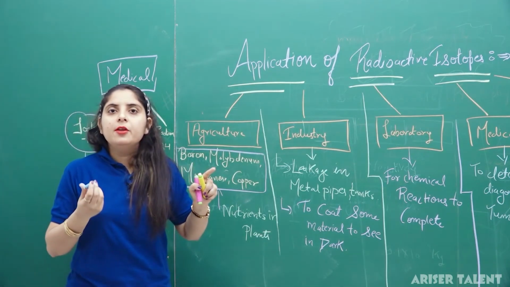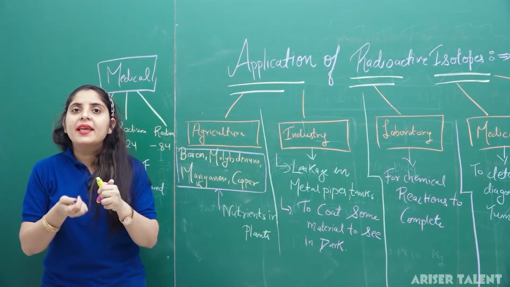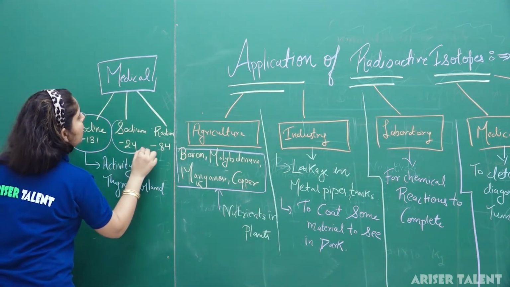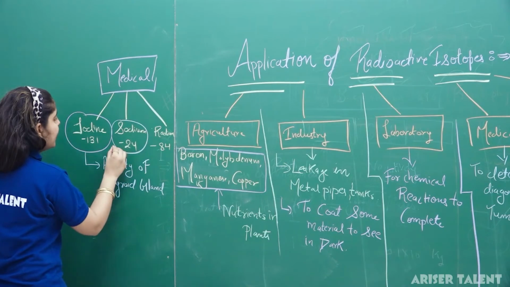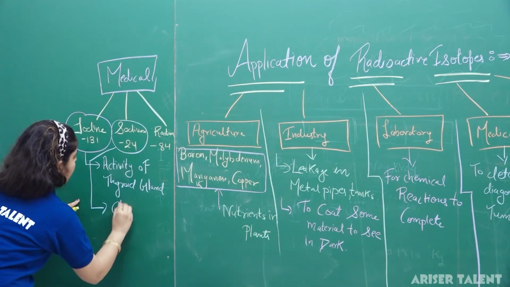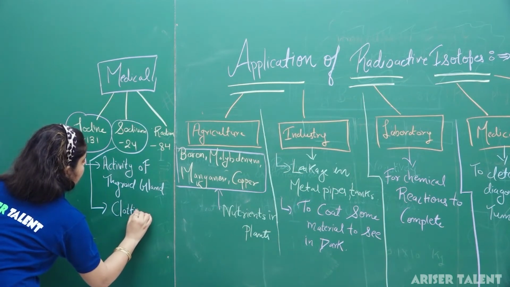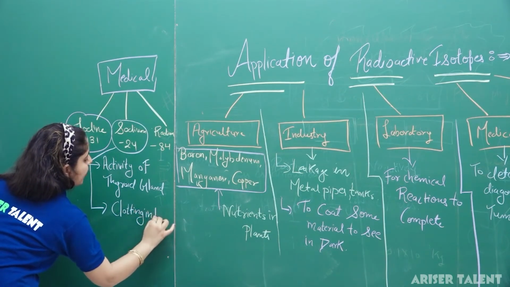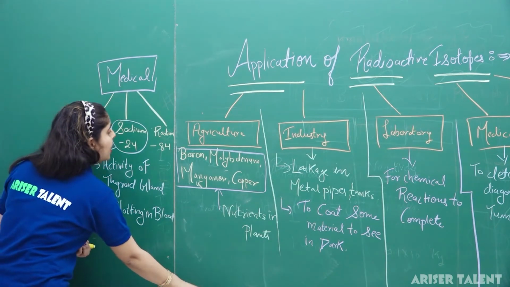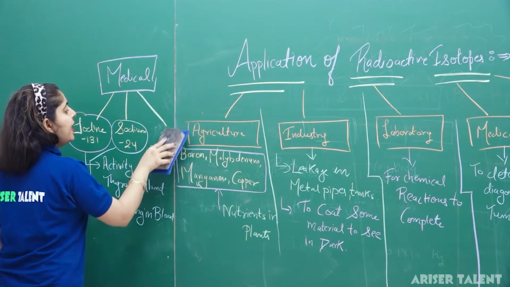This sodium 24 is used for checking the clot in the blood. So the second isotope is sodium 24 and it is basically used to check the clotting in blood.